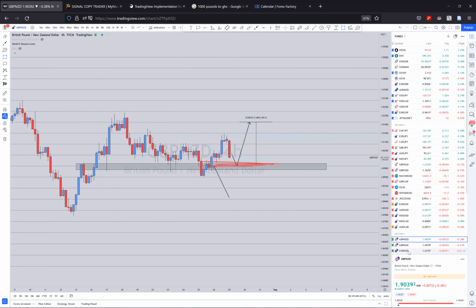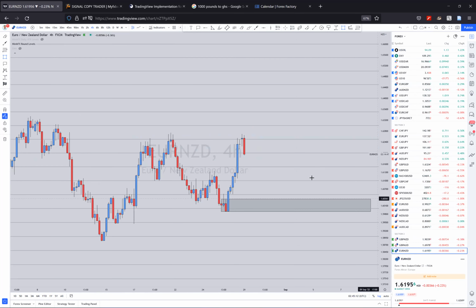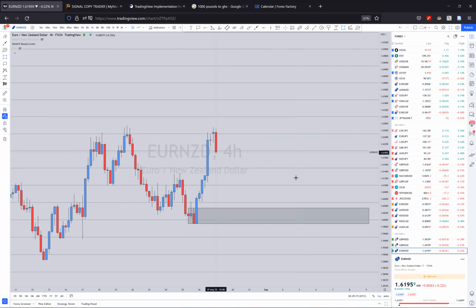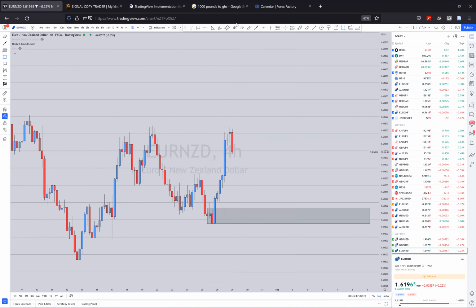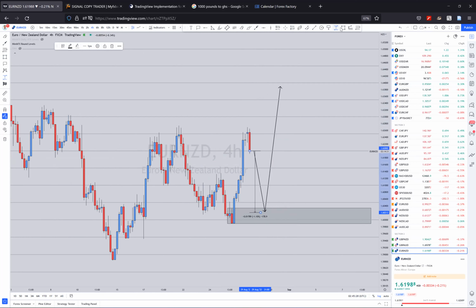So that weak euro is going to cause NZD, and we already talked about potential strength in NZD, to take advantage of the euro to drop to this liquidity level, drop, and then a push to the upside. So this is a potential 180 pips, but I don't think I'll be looking at this sell here, depending if we get a pull to the upside. So right now we've created this liquidity to the upside.